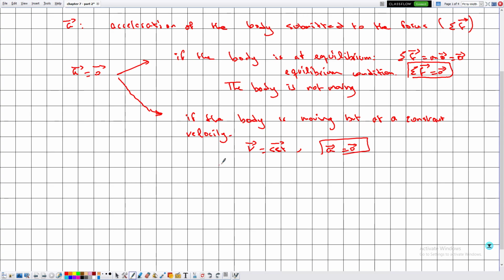In this case it is not at equilibrium, but we have also that sum of forces is equal to mass multiplied by the 0 vector, which is equal to the 0 vector.